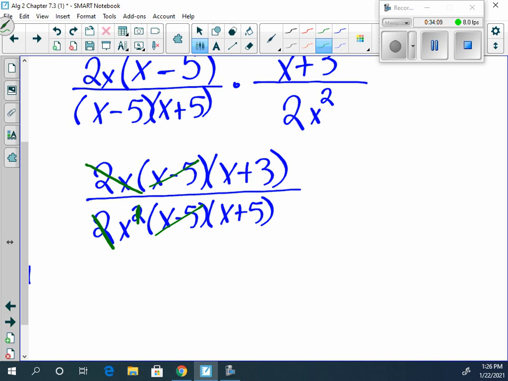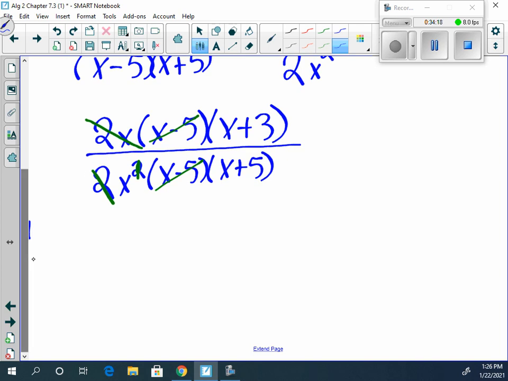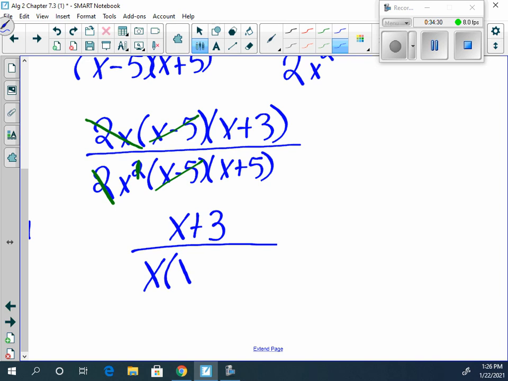So 1 and 1 will simplify out, leaving us with just 1 on bottom. Any questions on how we simplified this here? So what's left on top? What's left on bottom? Times x times x plus 5.